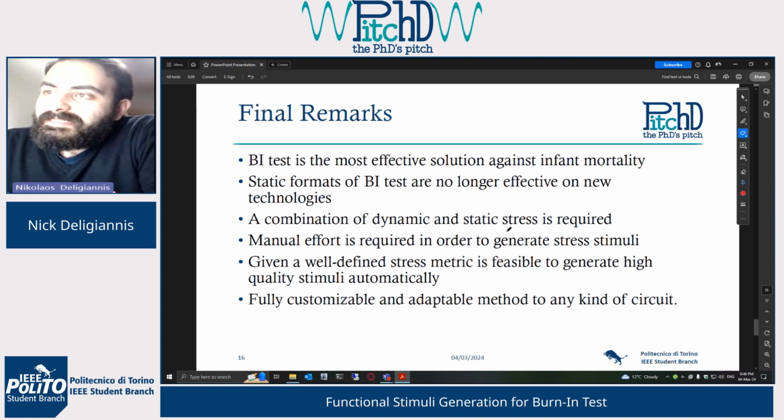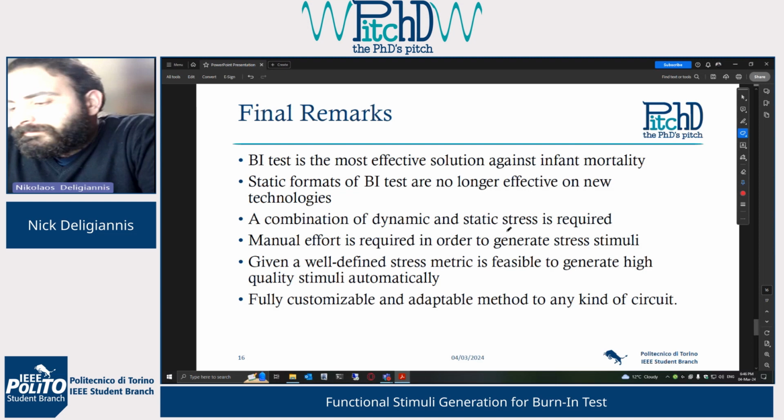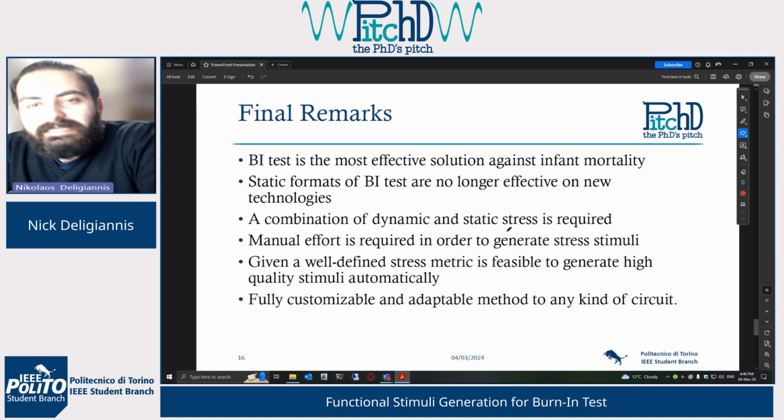However, we have the problem that the stress-inducing stimuli cannot be easily generated because they take a lot of manual labor. However, if we have a well-defined stress metric, we show that it is indeed feasible to automate this process and produce some high-quality stress solutions.